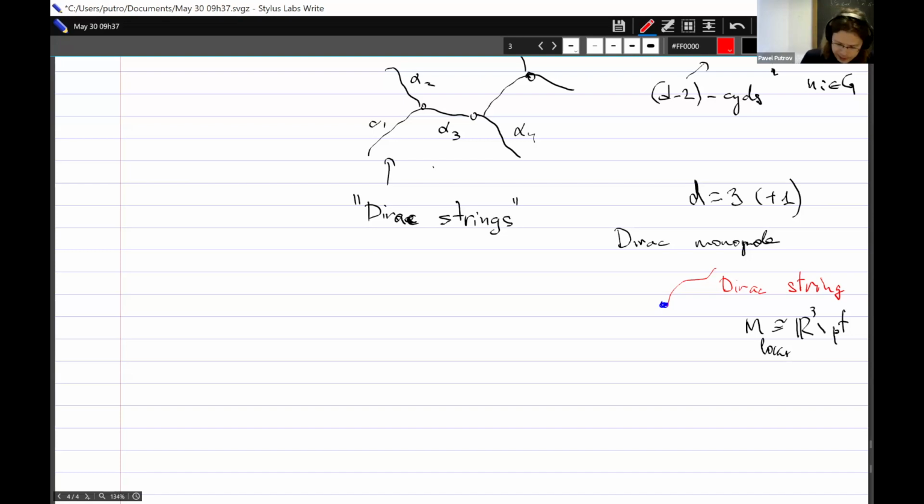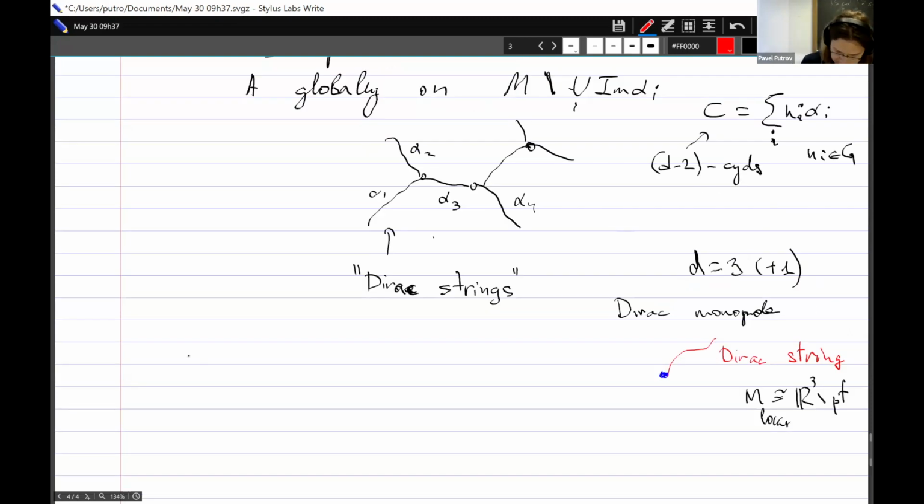Okay, the next step is to say what the values of these n_i are, the coefficients in this network of Dirac strings. They can be defined as follows. Around each alpha, we consider a small circle.